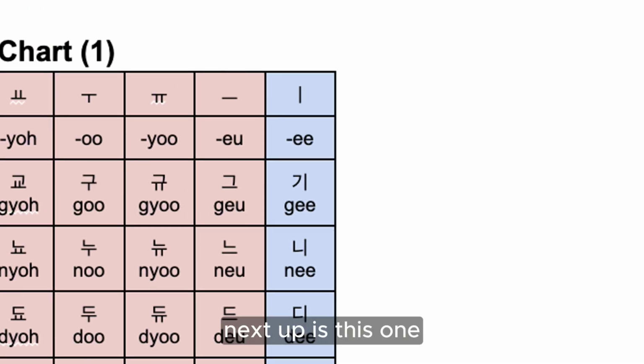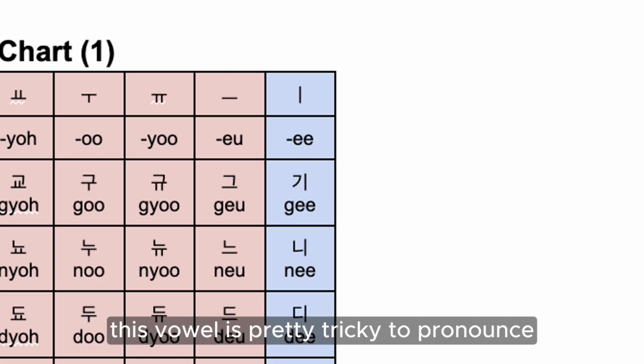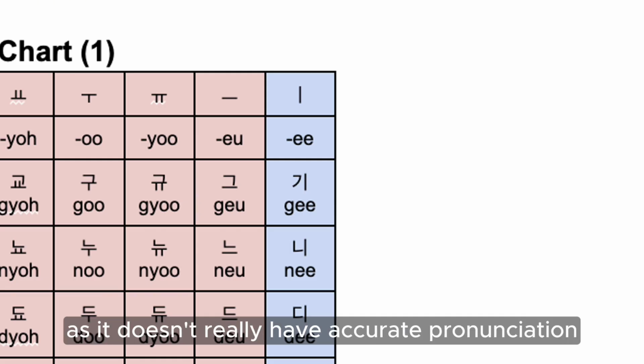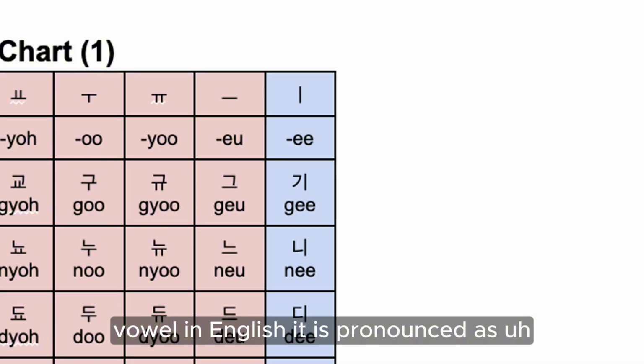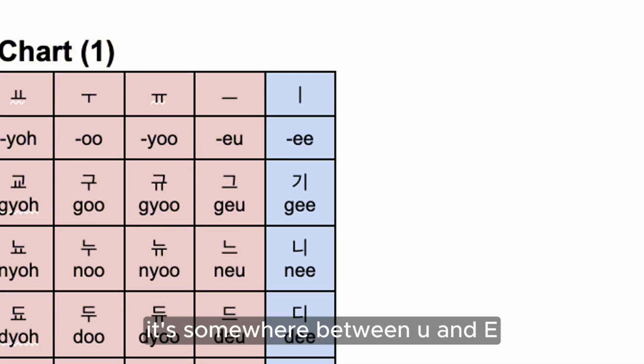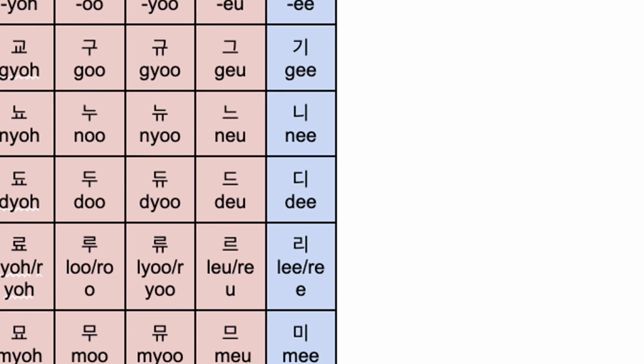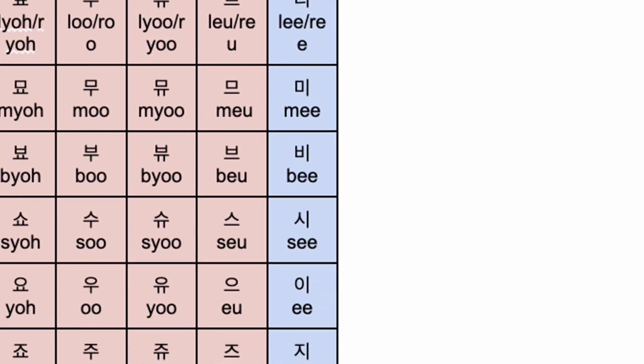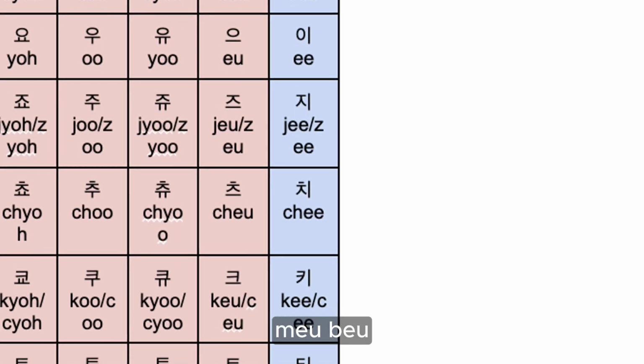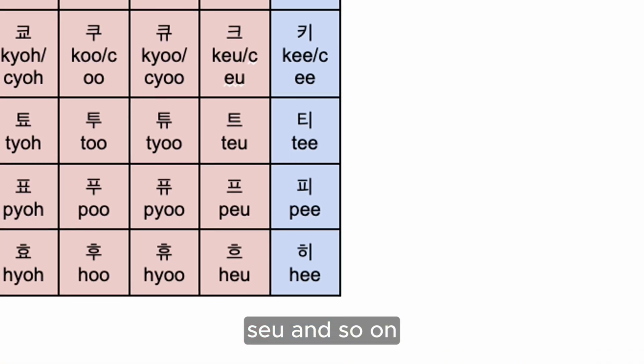Next up is this one. This vowel is pretty tricky to pronounce as it doesn't really have an accurate equivalent vowel in English. It is somewhere between U and E. So, just like other vowels, it will be K, L, T, R, B, P, S, and so on.